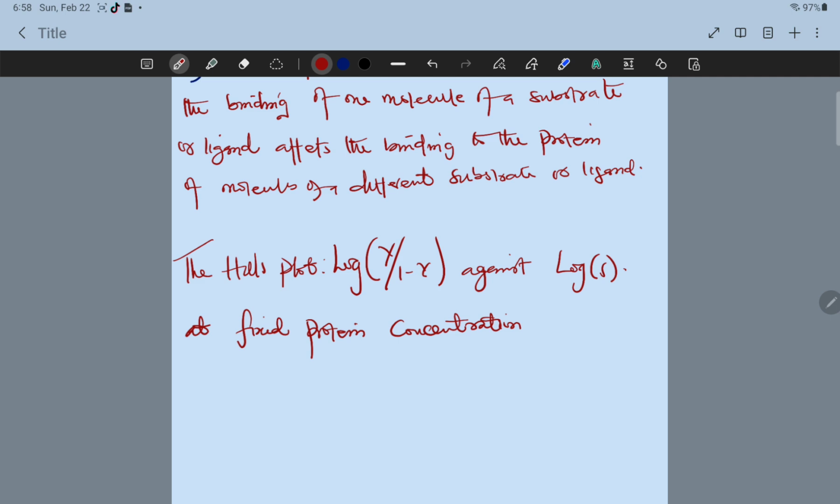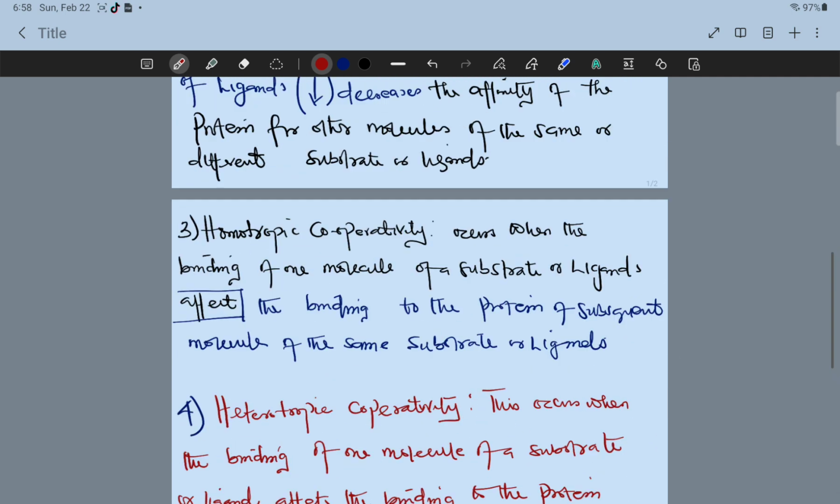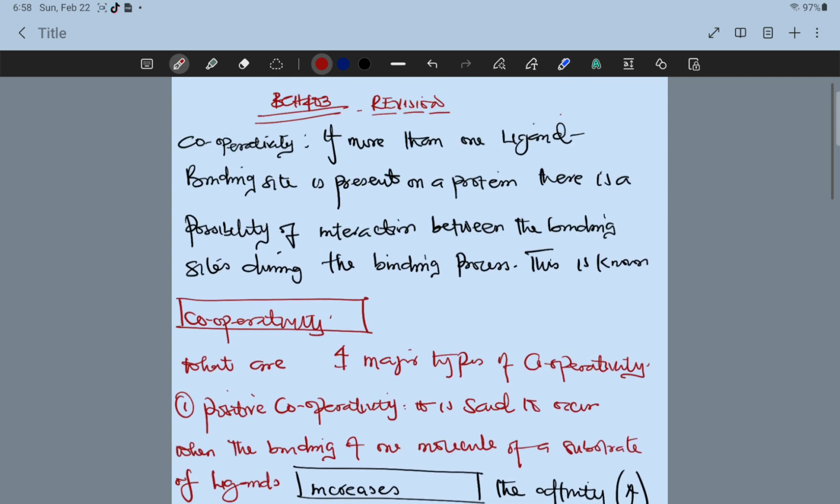So those are the things I want to highlight about cooperativity.